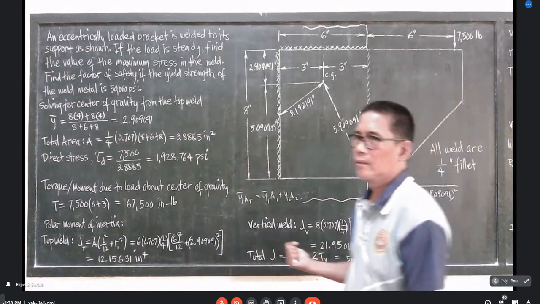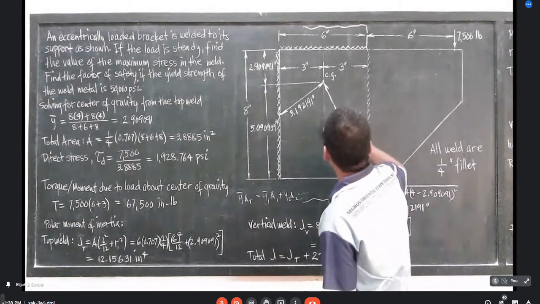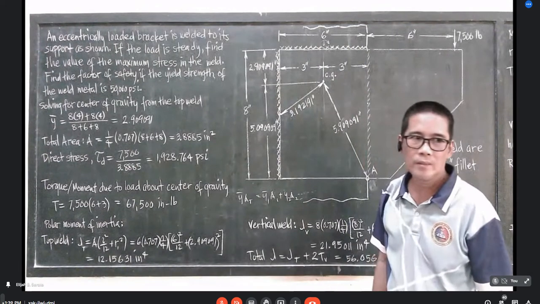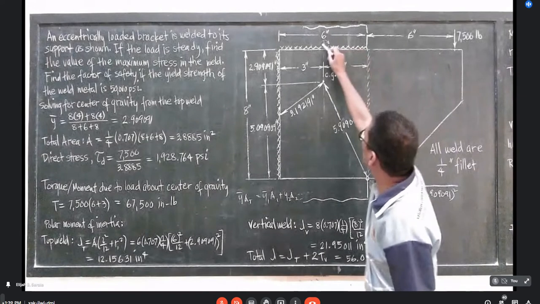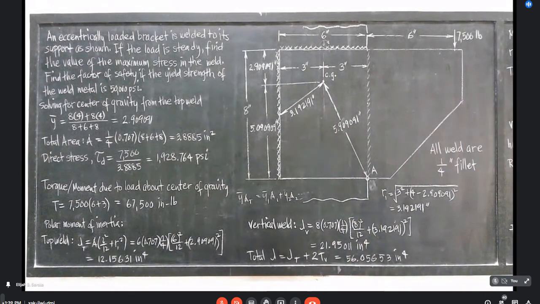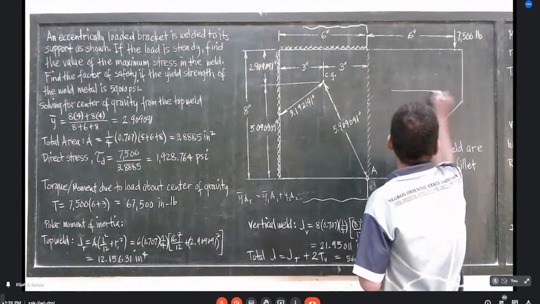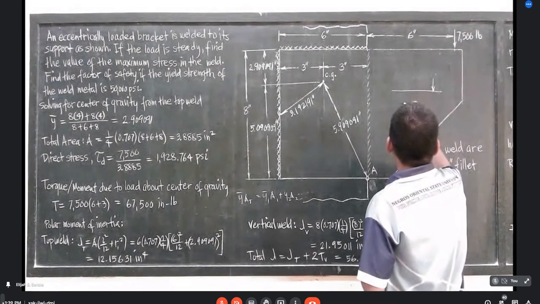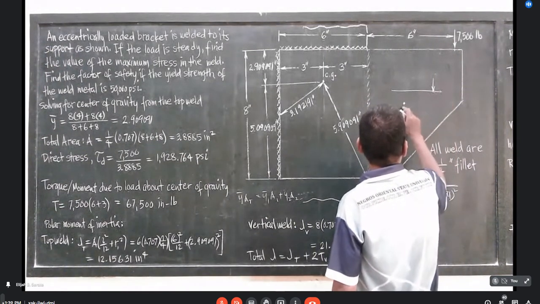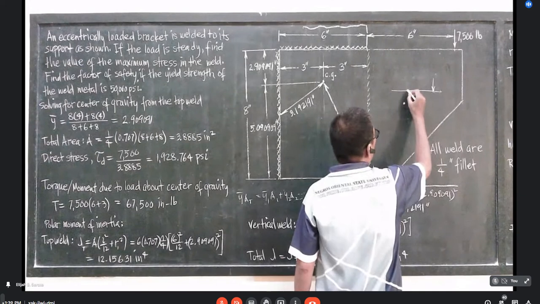After that, we are going to transfer this load here. This is the 7,500 and this is the twisting. If you recall, if you want to transfer this about the center of gravity, you say it is that one and this one.